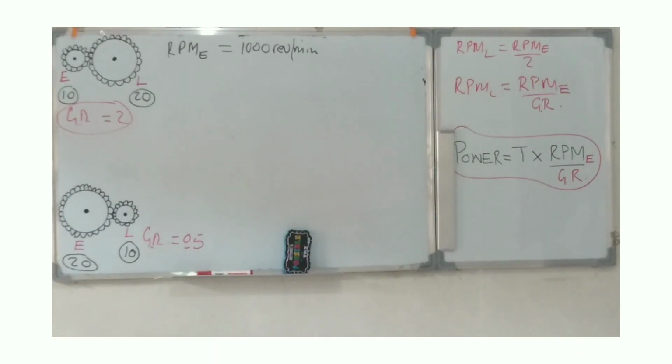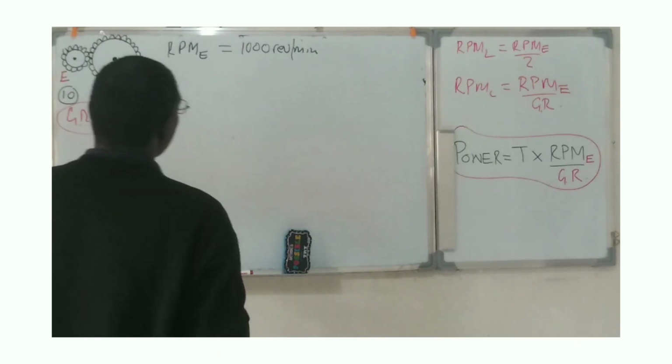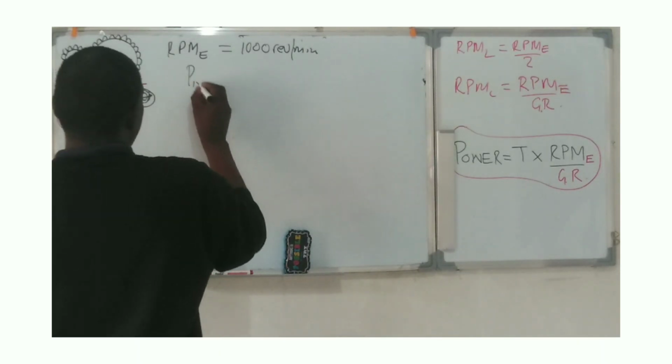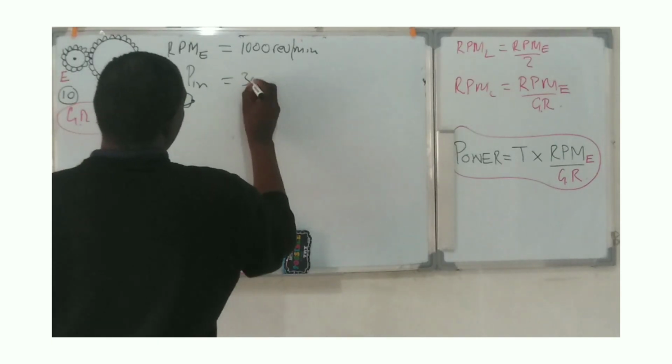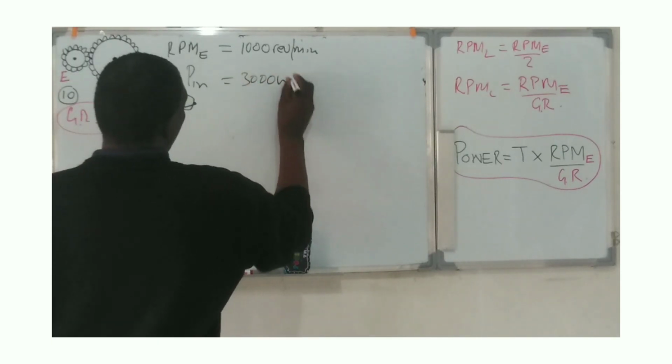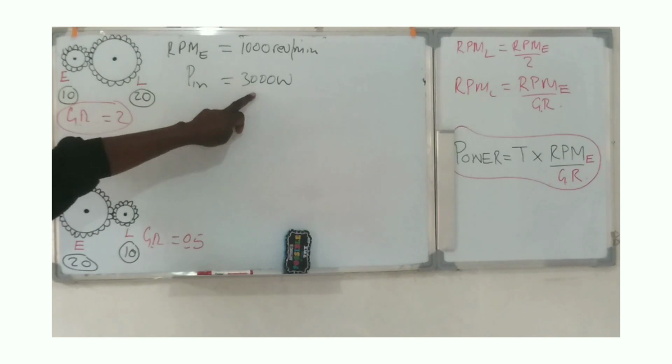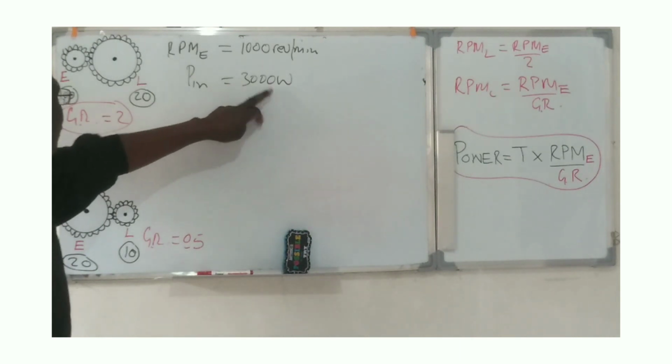Secondly, let's assume that this engine to which this gear is connected gives out a power of 3000 watts. So the power input of our engine is 3000 watts. Remember, the unit of power is the watt.